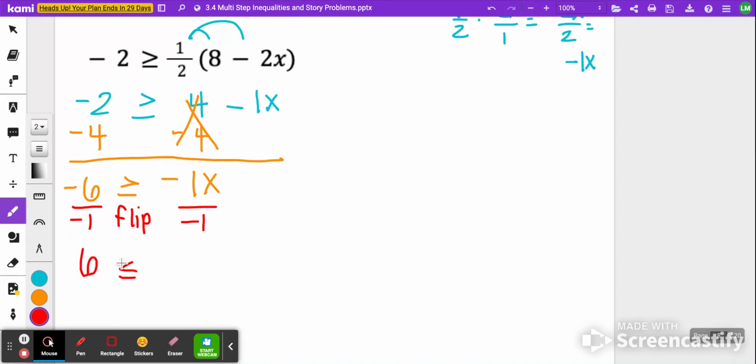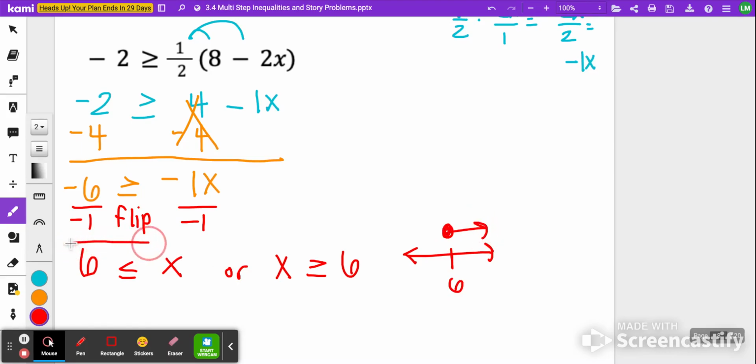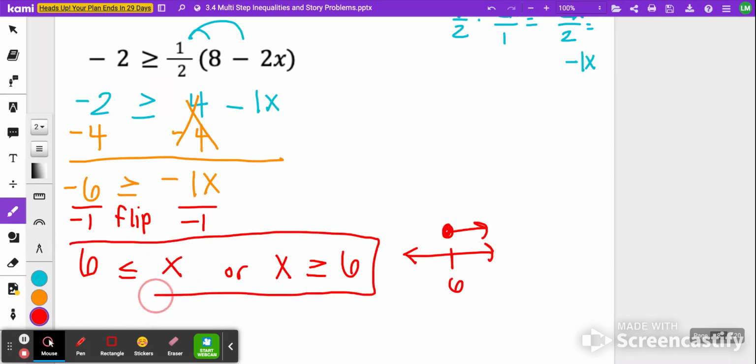So now I have 6 is less than or equal to a positive x, because negative 1 divided by negative 1 is just 1x, or I can rewrite this as x is greater than or equal to 6, so that when I graph it, I've got my 6 here in the middle, closed circle pointing to the right. Okay, how did we do on number 3?